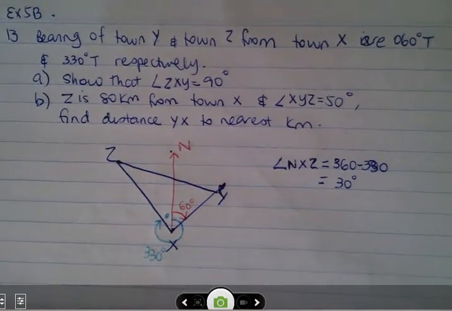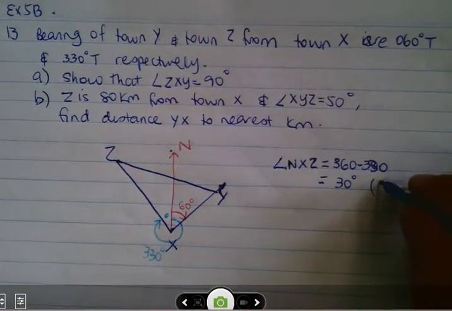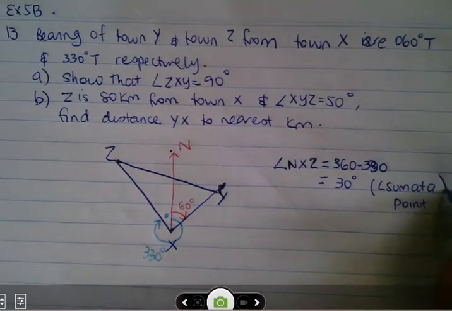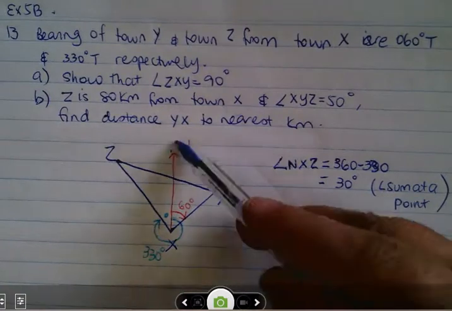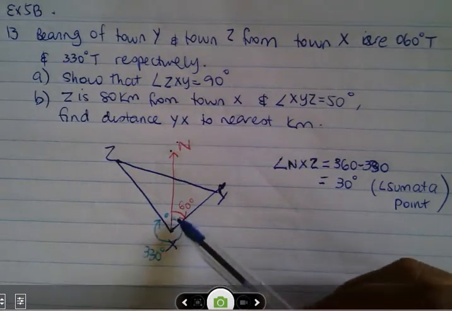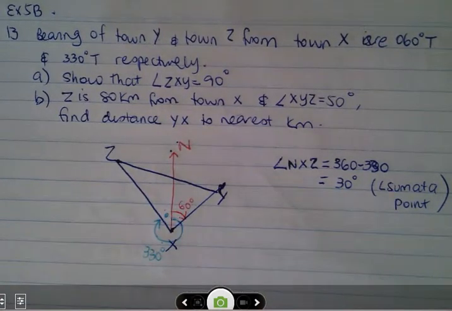Angle sum at a point, I suppose. NXZ is nearly 360 all the way round minus the 330, the little dot. Are we okay? So it's 360 minus 330.